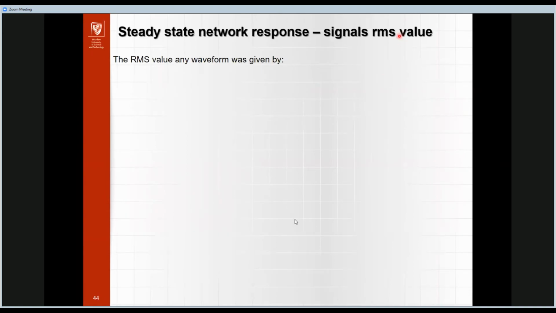Now the signal RMS value. The RMS value of any signal is given by such equations, and when we have the Fourier coefficients, we can try to express the RMS value using the Fourier coefficients.